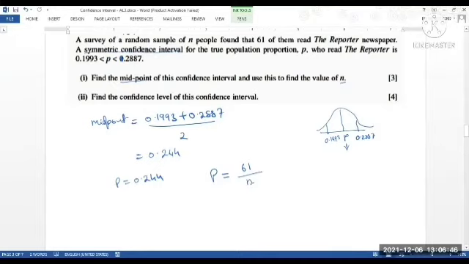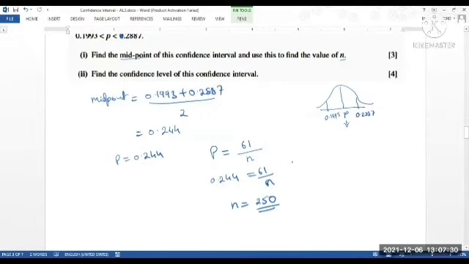A part of people who read are favorable to what we are talking about. So 61 over the total population will give you the proportion. Now we know what P is. P is 0.244, which is equal to 61 over n. So hence what is n? So n is found to be 250. So that's the first part.